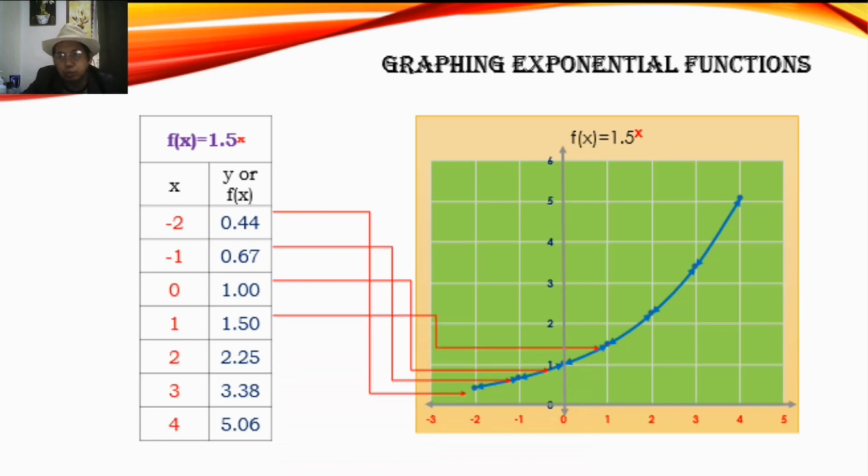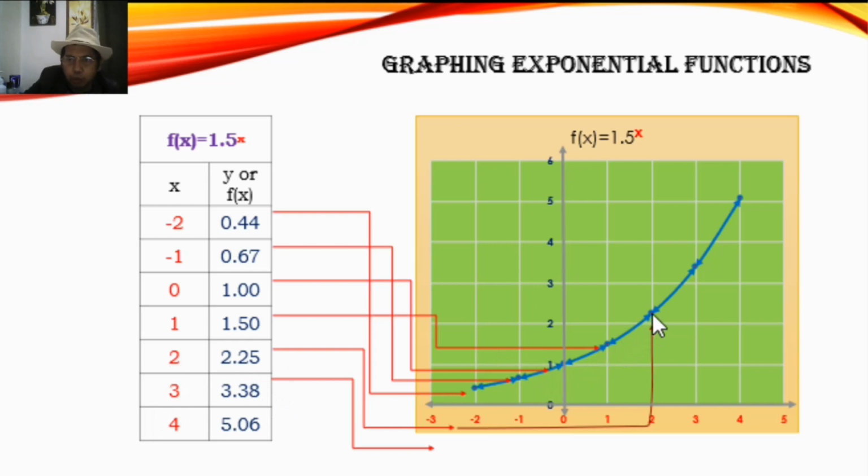The next one would be if I have positive 1, it will give me a result of y which is 1.5, located here. The same if I will be having 2, the value of my y would be 2.25.